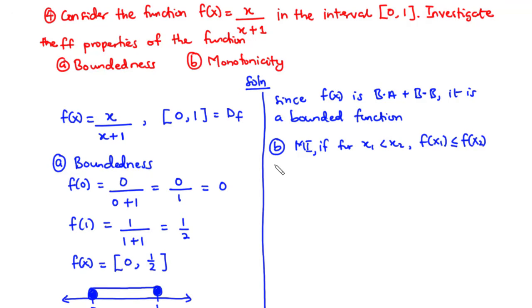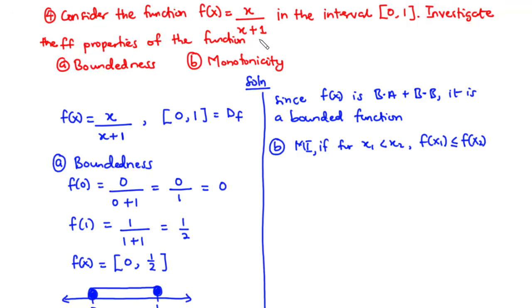At the end, if we realize that the function is a decreasing function, then we can make changes to it. So if we have an increasing function, then the argument is that for x1 less than x2, f of x1 should also be less than or equal to f of x2.